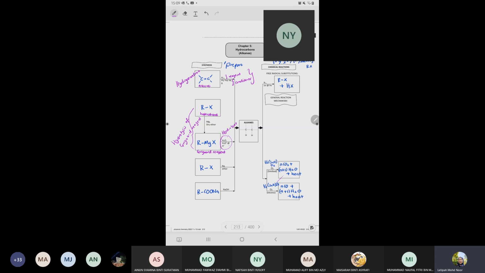The next reaction is the Wurtz reaction. We need haloalkane reacting with Na in ether to produce alkane. The last one is decarboxylation of alkanoate salt.